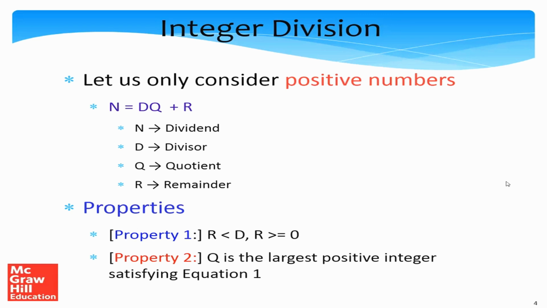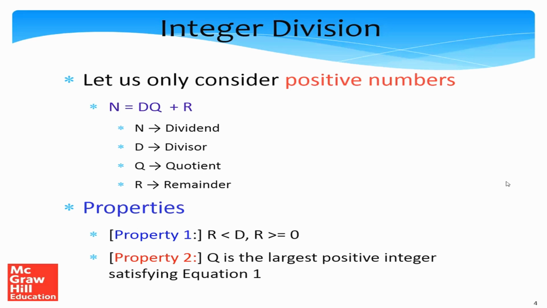Let us only consider positive numbers in our discussion, because dividing negative numbers is kind of tricky. It's tricky in the sense that when we are doing integer division and there's a negative number involved, there are different conventions for the remainder. Some conventions say the remainder is always positive.